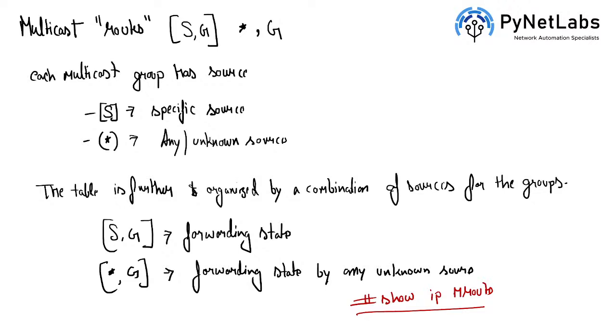Whenever we are talking about memberships, there are versions of multicast. Multicast is going to use some versions: for layer 2, IGMP, and for layer 3, PIM will be used.